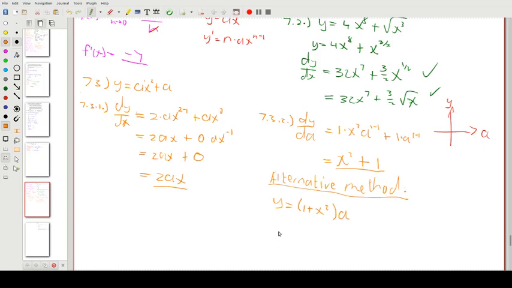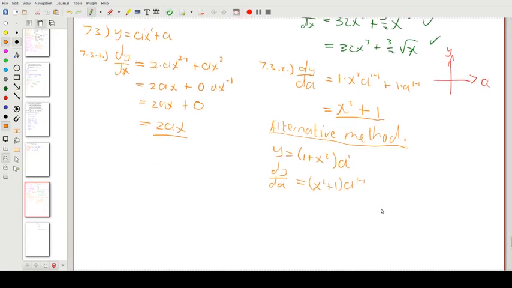Okay, and now if we do dy/da for this, then we'd have 1 times this, so that's x squared plus 1, and then that whole thing times a to the power 1 minus 1, because we subtract 1 from the exponent, and that'll finally give us x squared plus 1 times a to the power 0, and a to the power 0 is just 1. So there's our answer. So we see it's exactly the same. These two things are equal.